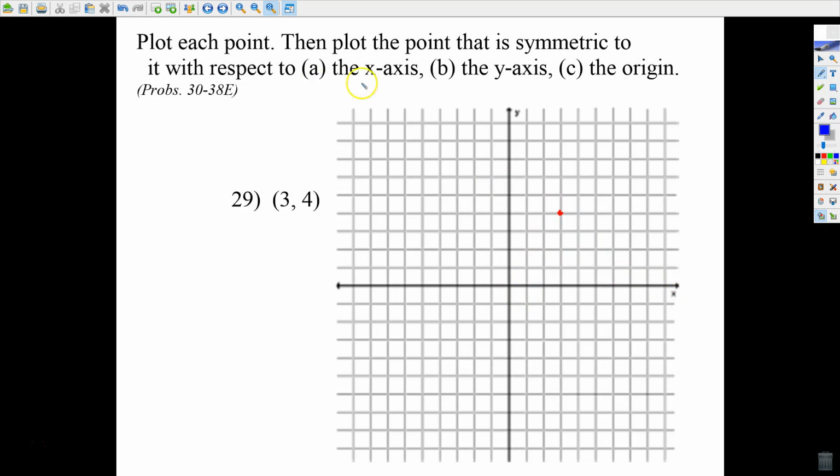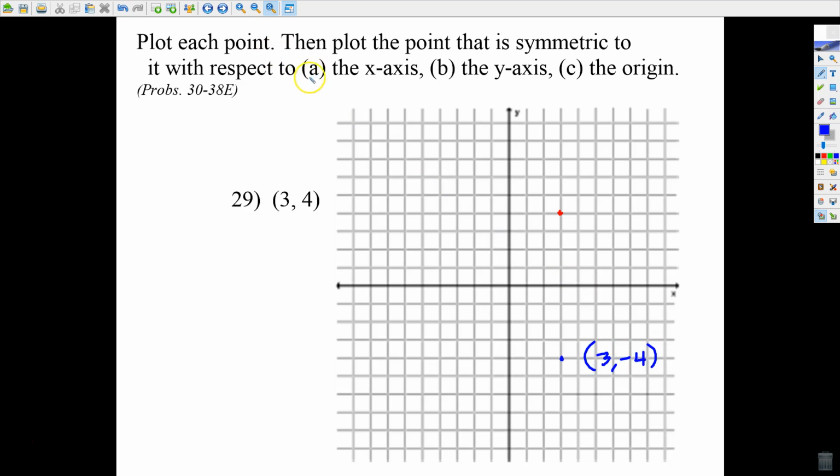Symmetry with respect to the x-axis means that for this red dot, just think of this red dot flipping over the x-axis, and that would put it down here with my blue dot. And I'm going to call that, of course, (3, -4).